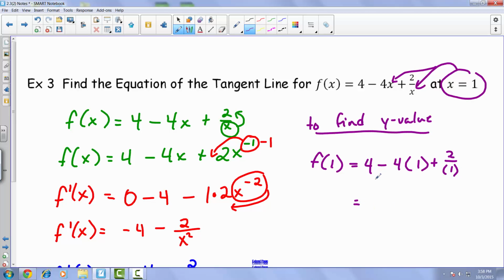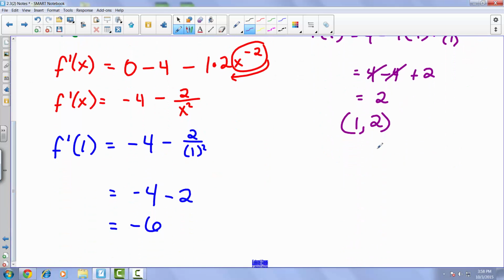And this will simplify out to be 4 minus 4 plus 2. These just cancel out with one another, so our y value comes out to be 2. So then our point is 1, because we threw 1 in for x, comma 2 for our y value. So here is our target point.